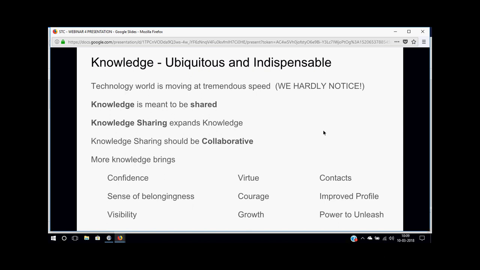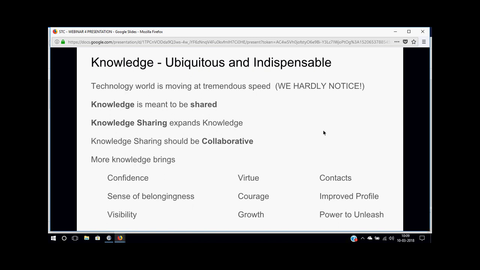And the more knowledge we accumulate, the more confident we become in whatever we do. It brings in virtue, a sense of belongingness, it instills courage in our mind, it brings more visibility, because if you are courageous and have a lot of confidence, you can visibly talk, and people will notice you very quickly. And obviously, in your organization, it brings in growth.